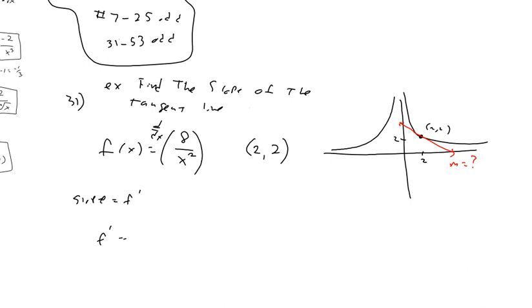I have my x squared on the bottom, becomes 8x to the negative second power, right? So I bring my power rule now. Negative 2 times 8 is going to be negative 16x to the negative third power. So it's negative 16 over x cubed. And that's my derivative. That's f prime.